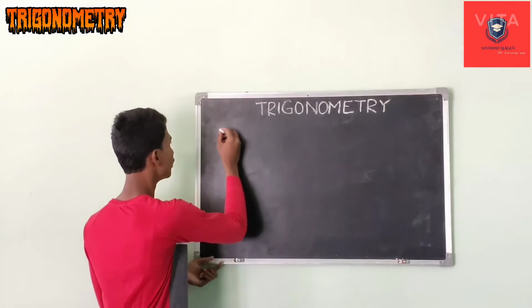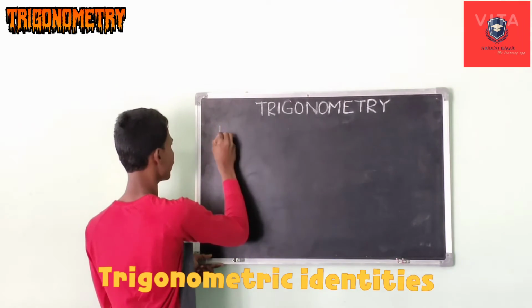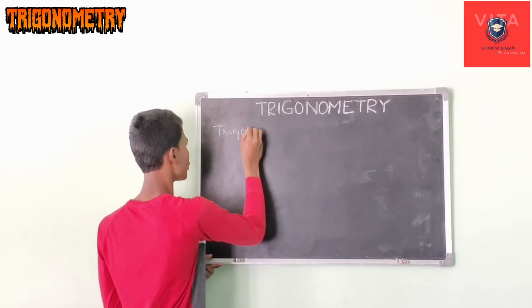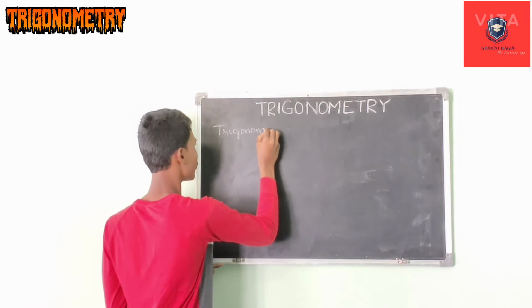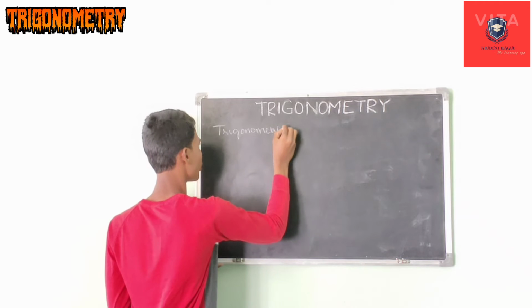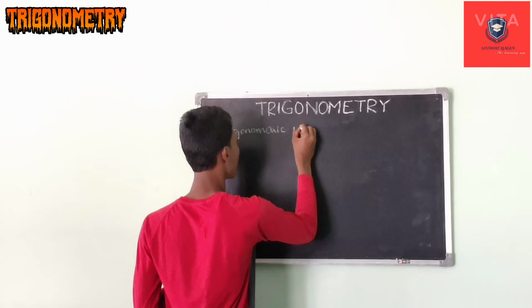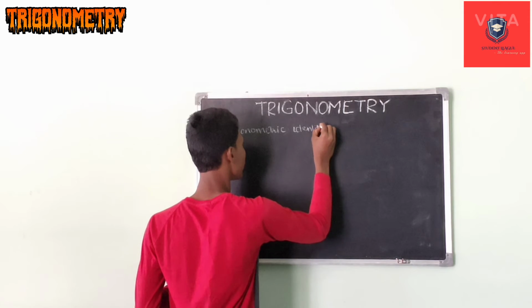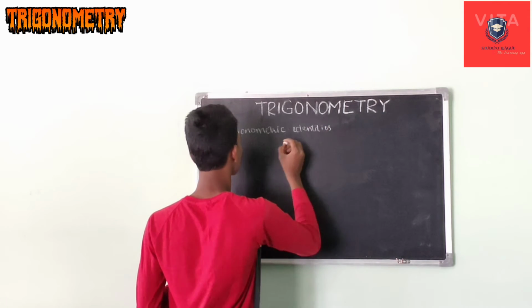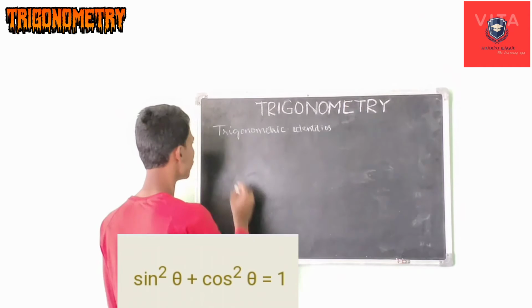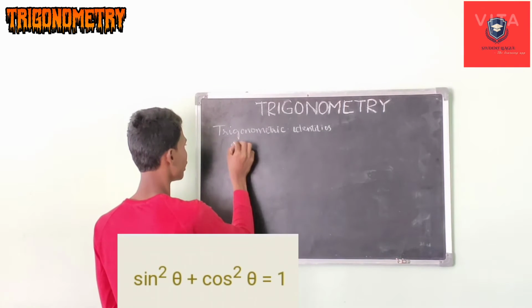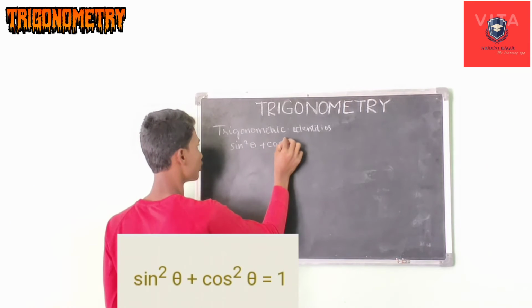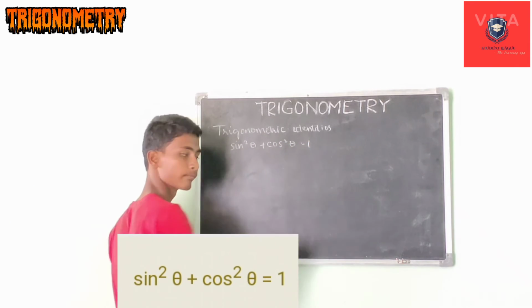Next topic, trigonometric identities: sin square theta plus cos square theta is equal to 1.